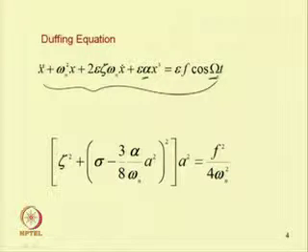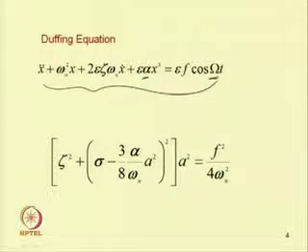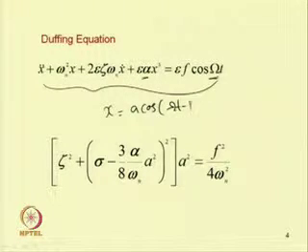In this case, we already know we can use different methods to find the solution of the system, where the solution can be written in this form: x equal to a cos (omega t minus gamma) plus order of epsilon.